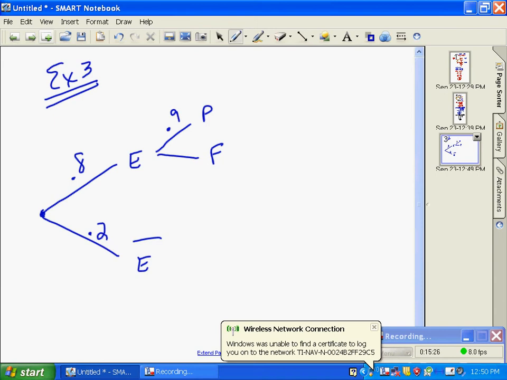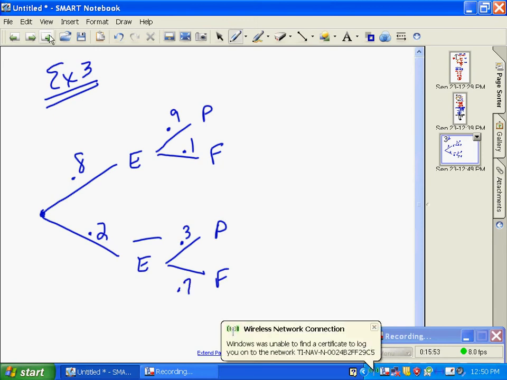Now remember, those two have to add up to 1, so down here the eligible candidate failing is only going to be 0.1. And an ineligible candidate will pass only 30% of the time. So again, I put pass and fail as my options for my tree diagram there. I have a 0.3, and those two have to add up to 1, so I have a 0.7.